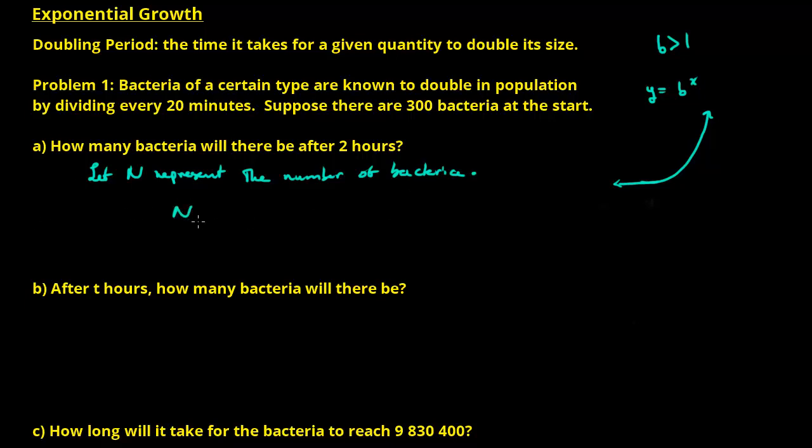So n is equal to 300 times 2. So it doubled. How many times did it double here? Well, if it doubles every 20 minutes and 2 hours went by, and we had 300 bacteria at the start, how many times did it double? So how many times does 20 minutes go into 2 hours?